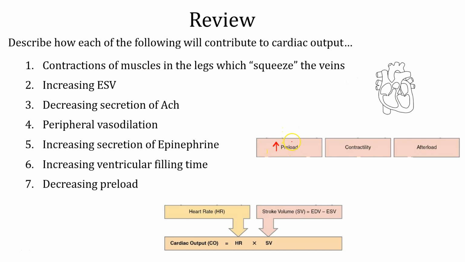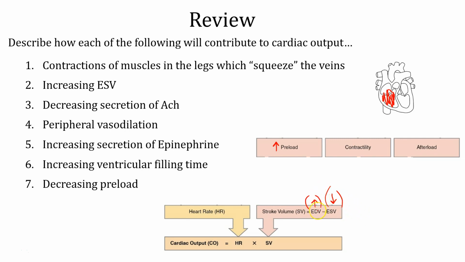And then you just have to think about, if we increase the preload, how will that affect stroke volume? Increasing the preload will do two things. It will increase the end diastolic volume, because there's just simply more blood getting pushed into the ventricle. And then it also decreases the end systolic volume, because remember that Frank Starling law, if you stretch the myocardium out more, it contracts more vigorously and it ejects more blood, so there's less remaining in the ventricle after the contraction, so the ESV is less.